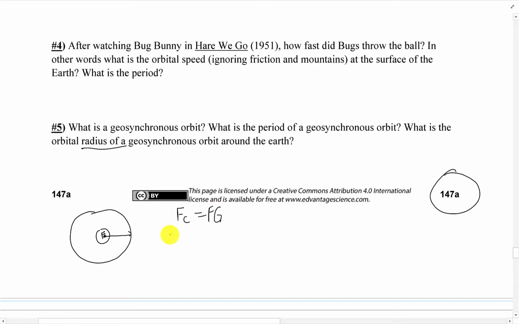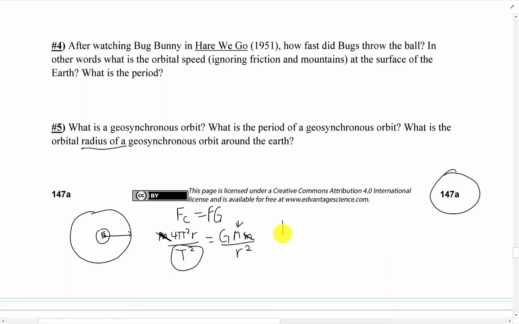We have our centripetal force, which is m 4 pi squared r over T squared, and the force of gravity is G m M over r squared. We're trying to find out the period, the T. The mass of the satellite doesn't matter, but the mass of the Earth does.